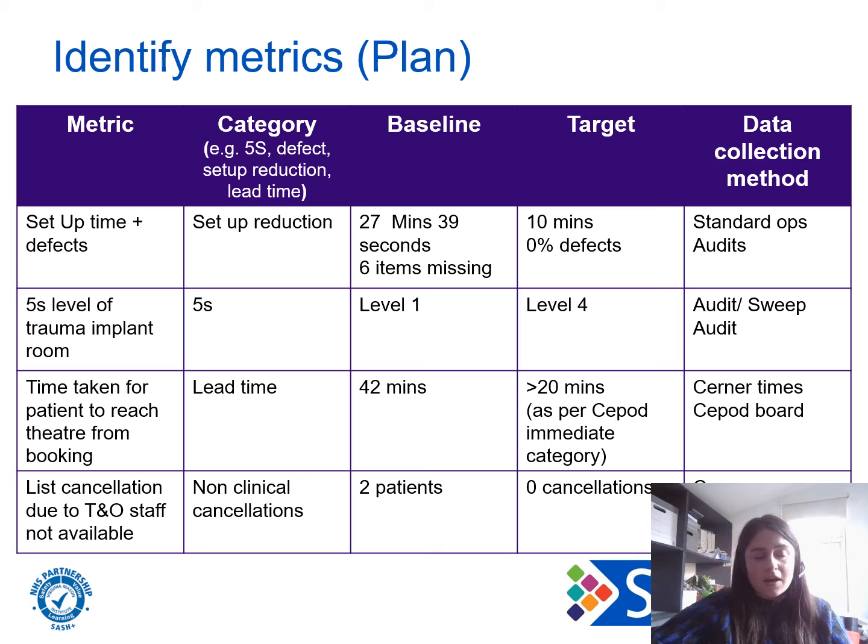The metric that has been identified is the setup time and defects. The category that is under is setup reduction. The baseline is 27 minutes and 39 seconds to set up with 6 items missing, which is our defect. Our target is to get that setup reduction under 10 minutes and have a 0% defect target. And how we collect that data is through standard operations and audits.